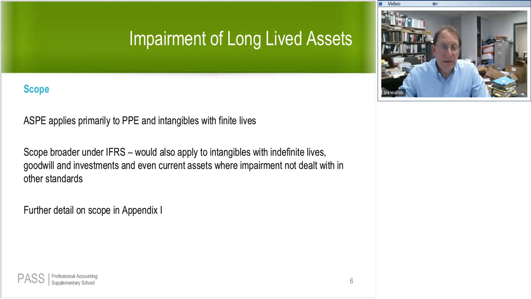So ASPE applies to mainly PPE and intangibles with finite lives. But IFRS includes that, but has three other things. Intangibles with indefinite lives, not just finite lives. Goodwill.